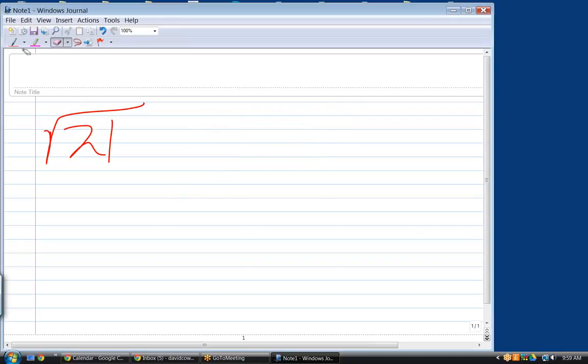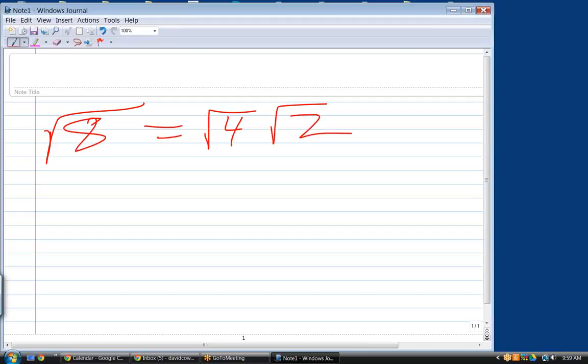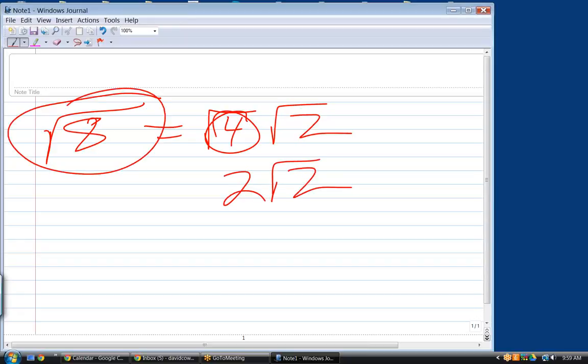Square root of 21 is the way you leave it. You only reduce it if you can pull a square root out of it. In other words, square root of 8 I can reduce, because that's the square root of 4 times the square root of 2, and that is a perfect square number. So it becomes 2 root 2. So you're never going to see that kind of an answer in math. You'll always see it expressed like that.